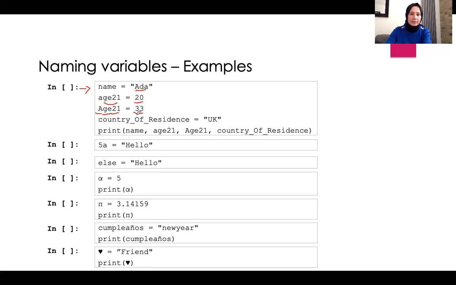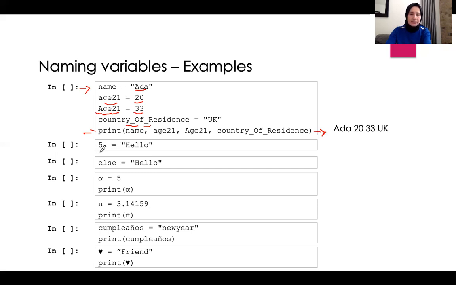And this is an integer, and we have another variable name where an underscore is used, and the UK is assigned to this variable. When we print them all in one line of code, this is the result you will get. Because you put them all in one print statement with commas, it will print them in one line, as you can see here. You can try this on your compiler as well.